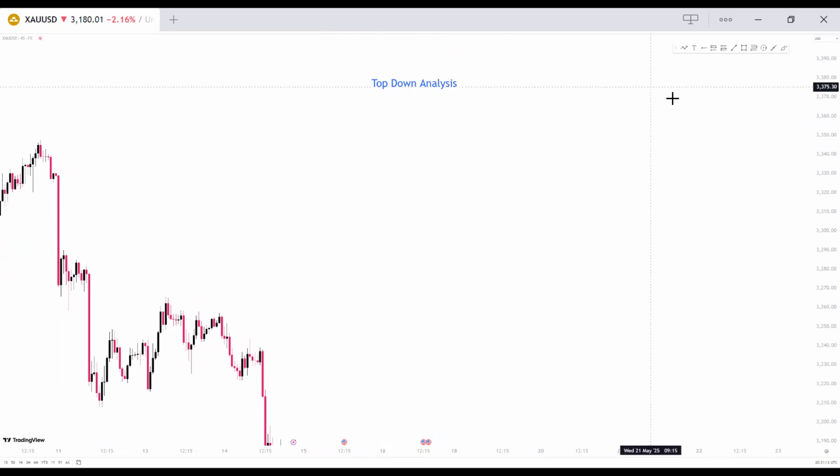So for the way I take my trade, if I want to do swing trading, I check the weekly time frame. Most people do swing trading, but me, I don't do swing trading.